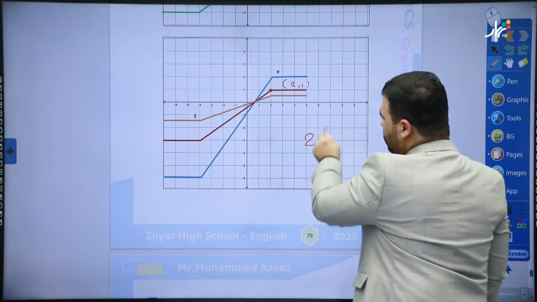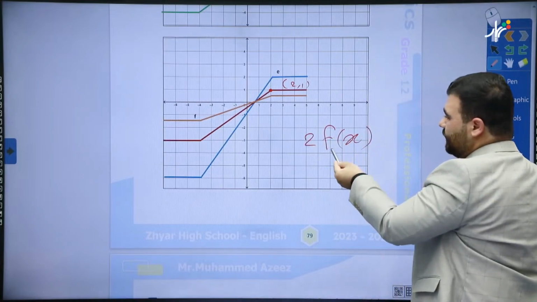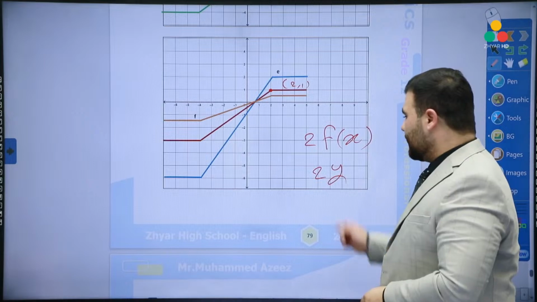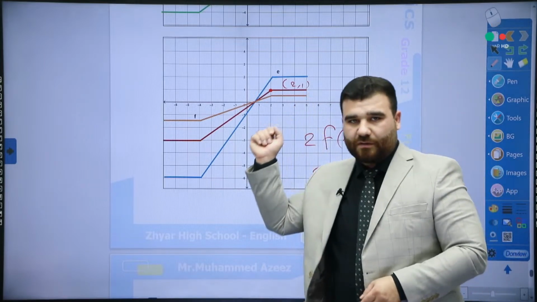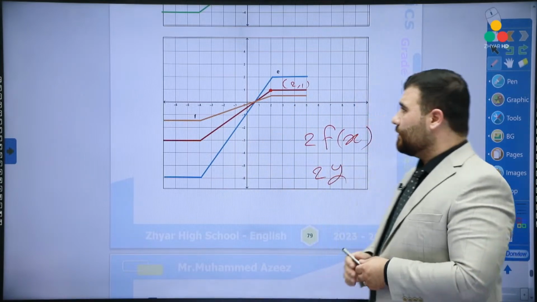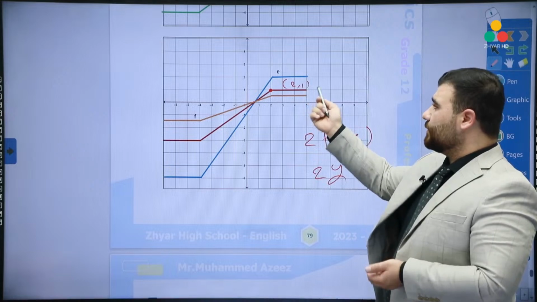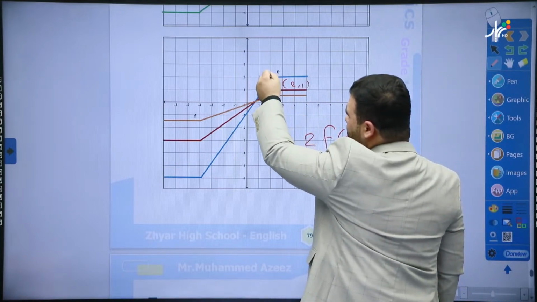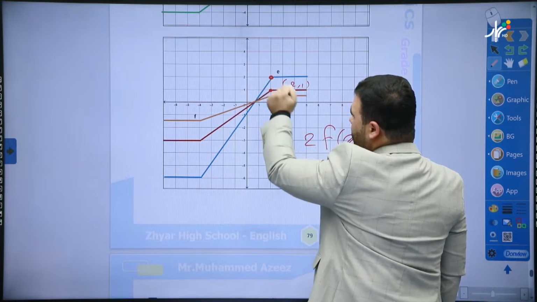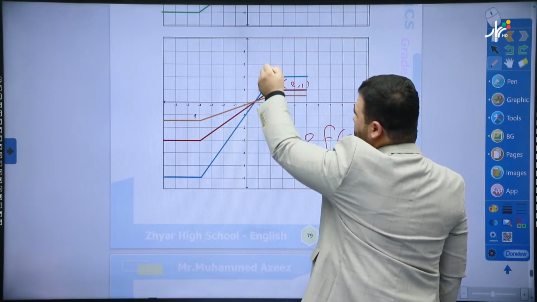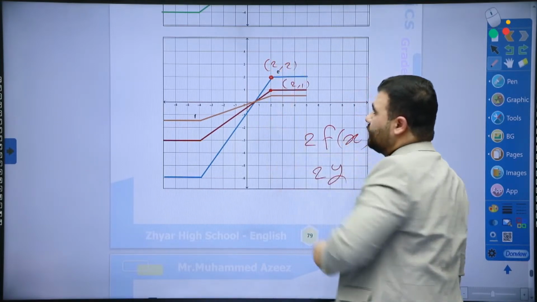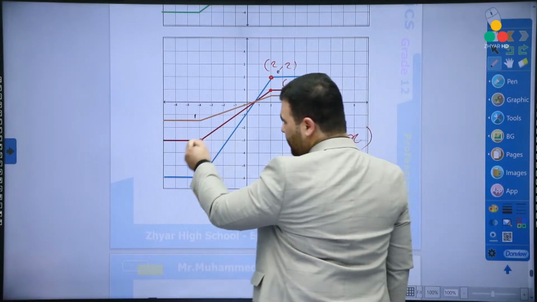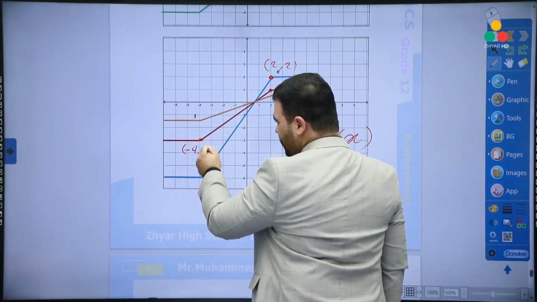When we have 2f of x, we always say f of x is y. 2f of x means 2y. 2y means we only multiply the y value of the point by 2. The y value of the point is 1. If we multiply it by 2, it will be 2. The 2, which is the x value, stays the same. Then this corner will rise up to this corner. It's going to be (2, 2). Similarly, this corner, which is at (-4, -3).